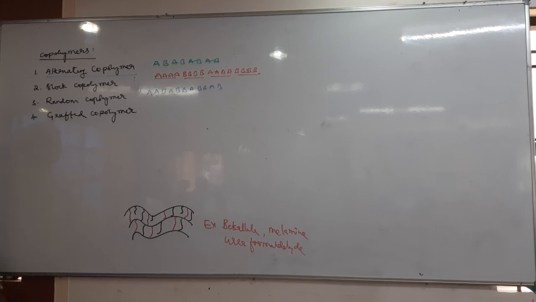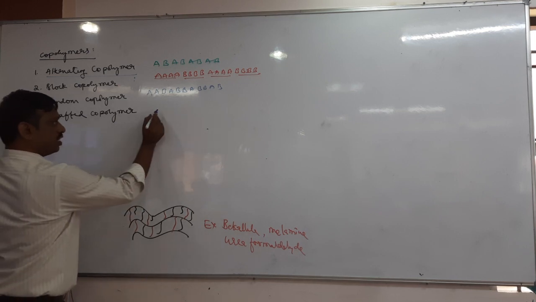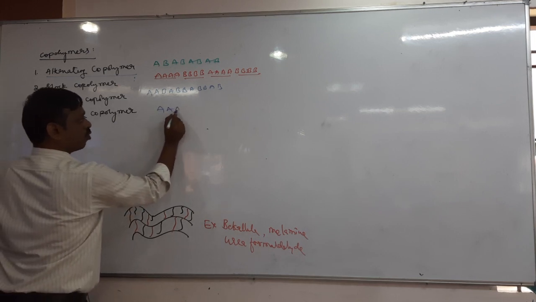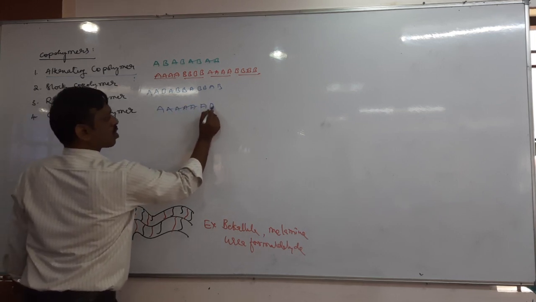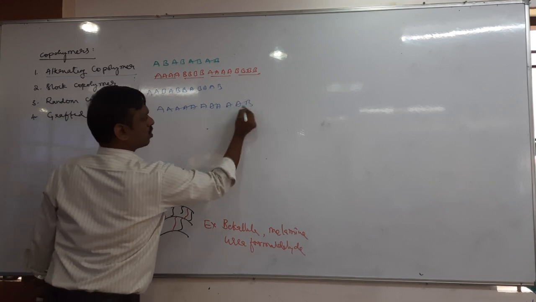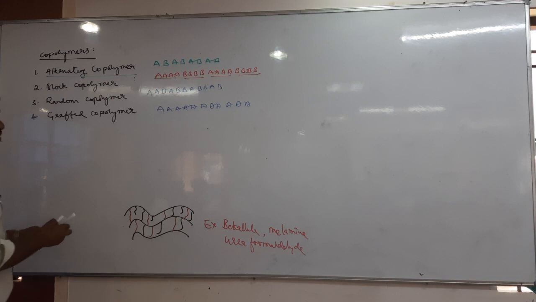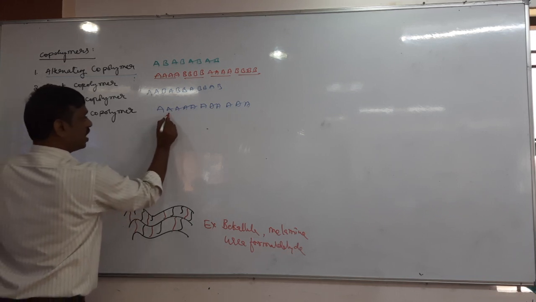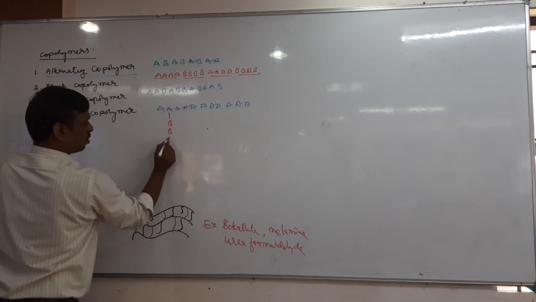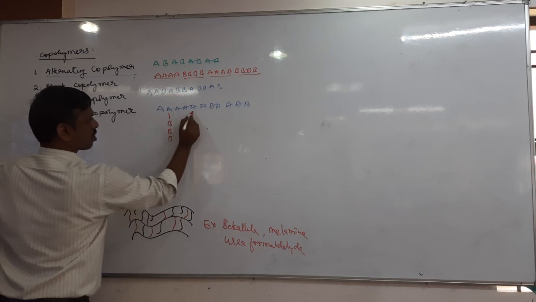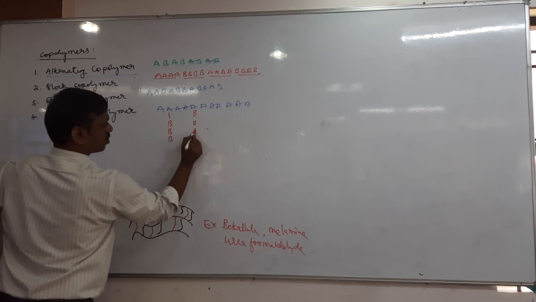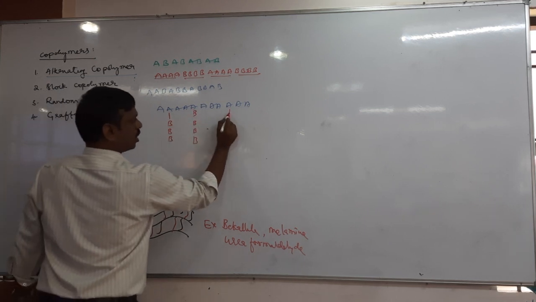The last one is grafted copolymer. In grafted polymer, there is a long chain with one kind of monomer, and there will be cross linkages or side chains with another monomer. This is also one side chain with the other monomer. It may be one more.